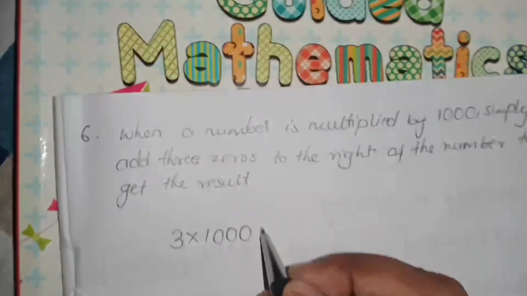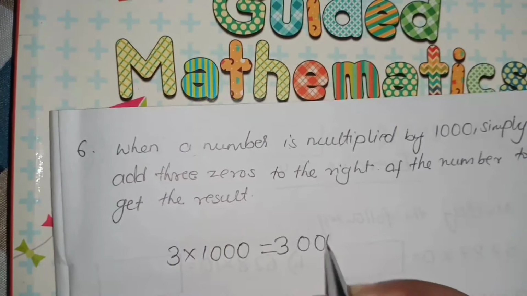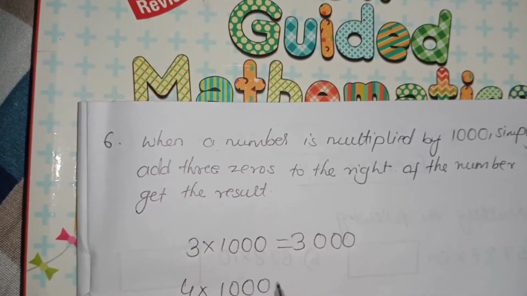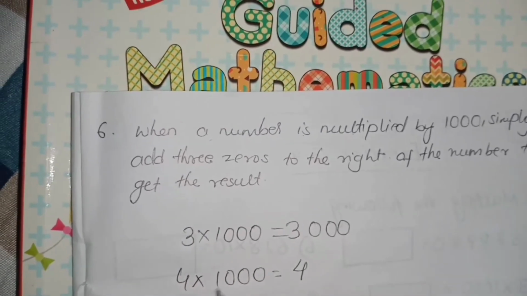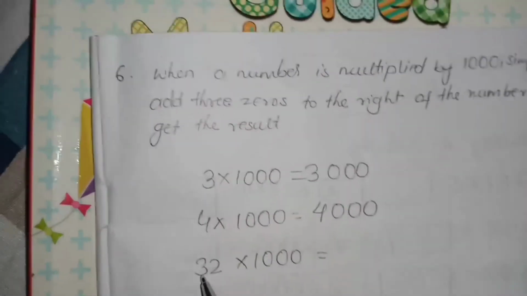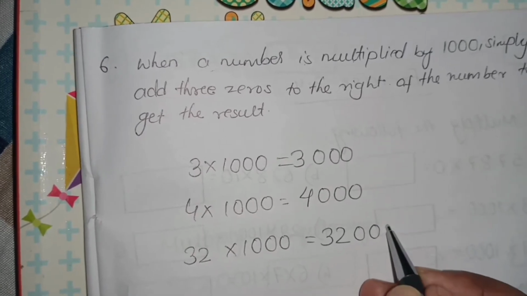So what we have to do? 3 ones are 3, and add these three zeros, so it becomes 3000. 4 into 1000, so it will become 4 ones are 4, and add these three zeros. Okay, 32 into 1000, so 32 ones are 32, and add these three zeros.